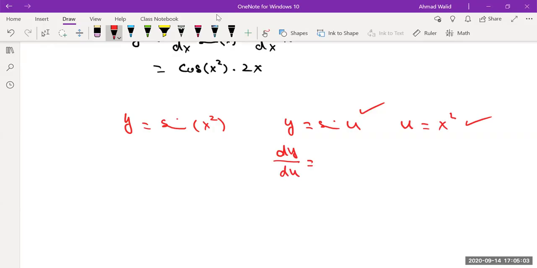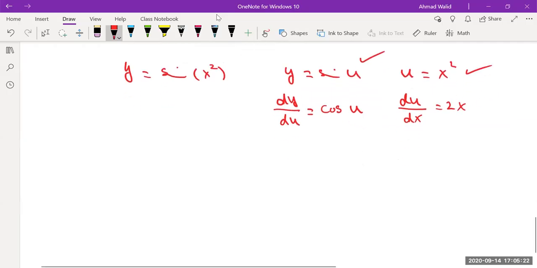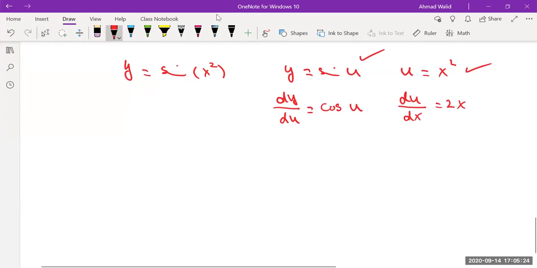What is the derivative of sine? The derivative of sine is cosine u. Here, find du over dx. What is the derivative of x squared? The derivative of x squared is 2x. Now, what was your chain rule formula? My chain rule formula was dy over dx, which is y prime, right?